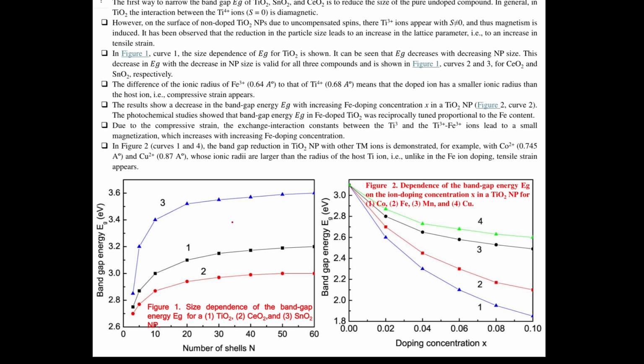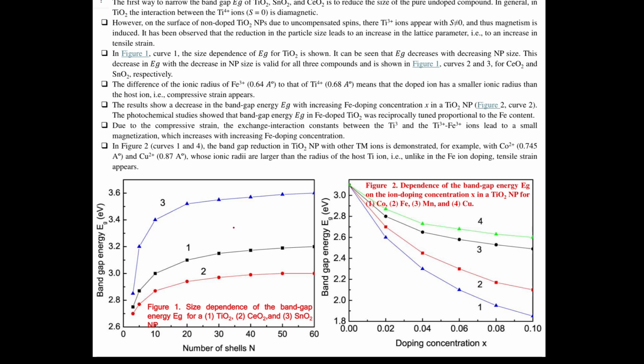What is the impact of the size of the material on the band gap? Here we can also discuss the nature of the dopant. In the second plot, you can see dopant concentration versus band gap. What is the impact of dopant concentration on the band gap? And plot one shows the size of the dopant.